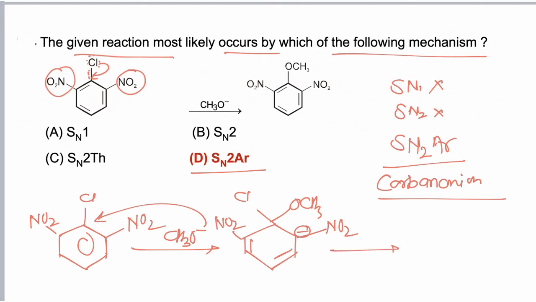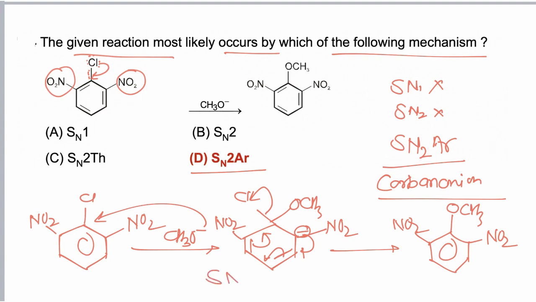And finally, in the last step Cl negative is removed and the OCH3 nucleophile is attached in place of Cl. So this reaction is called SNAr, substitution nucleophilic aromatic. Hence the correct option is D.